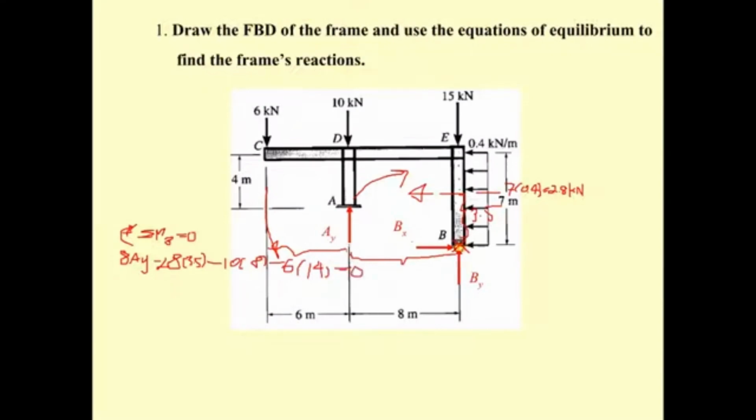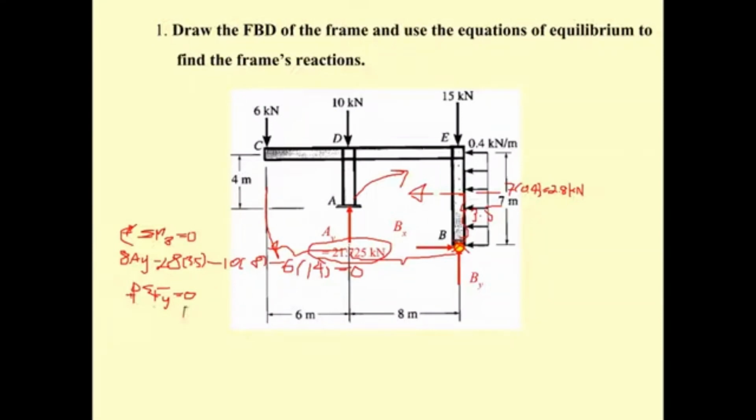You put them into your calculation, you get this A sub y to be 21.725. Okay, and next you go by the summation of F sub y equal to 0. By summation of F sub y, B sub y is up, so positive is up.